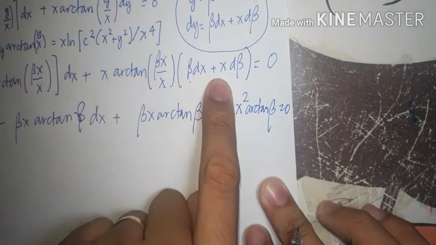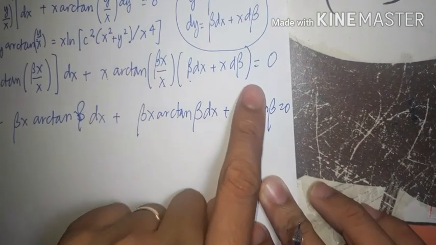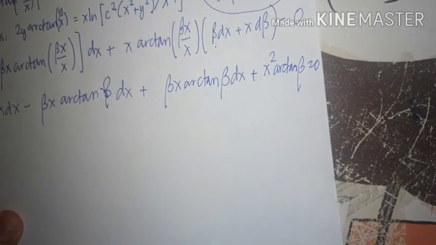So x times x is x squared arctangent beta d beta is equal to 0.